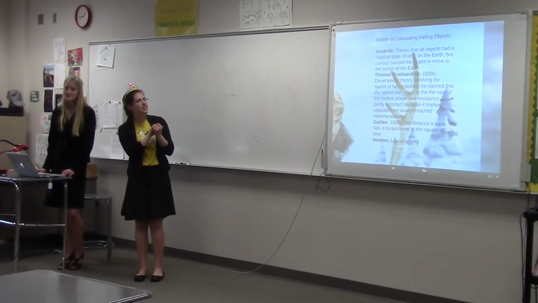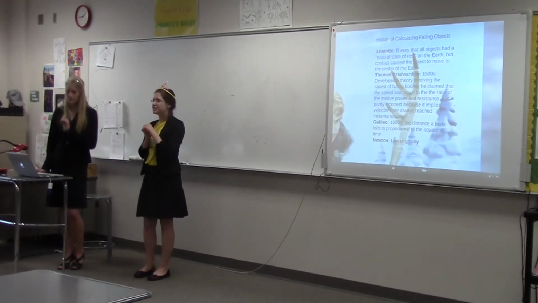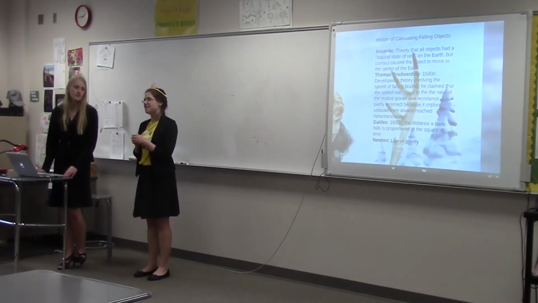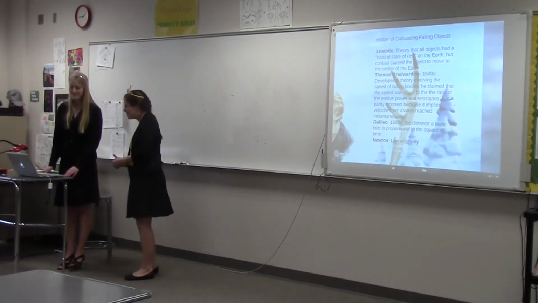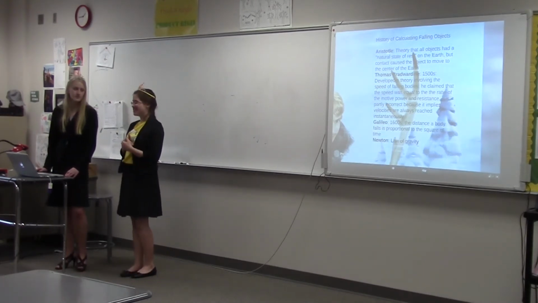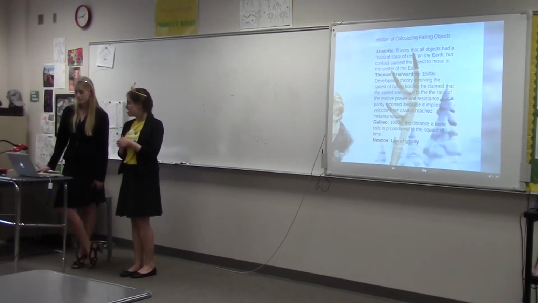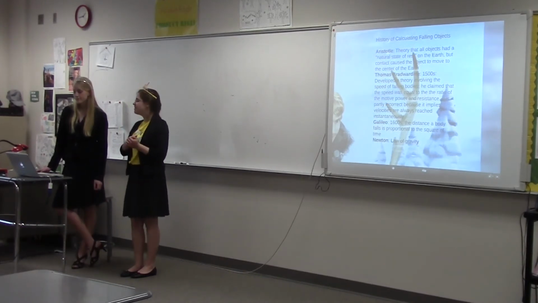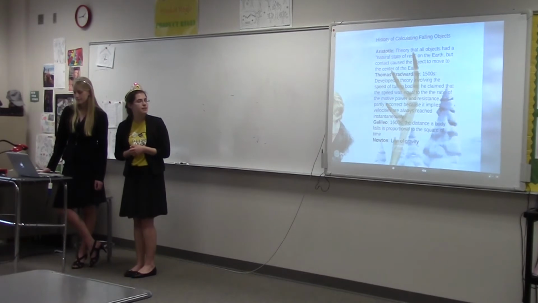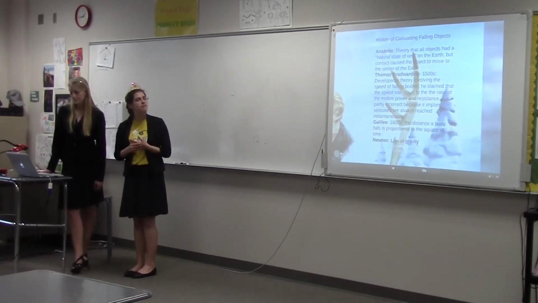So we're gonna find our history of calculating falling objects because within the movie, they fall off a cliff. Spoiler alert, but they fall off a cliff. So Aristotle came up with this theory that all objects had a natural state of rest on the earth, but contact caused the object to move toward the center of the earth. And Thomas Bradwardine elaborated on that, and in the 1500s, he also developed a theory involving the speed of falling bodies.